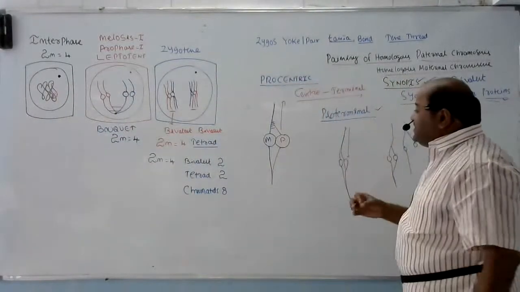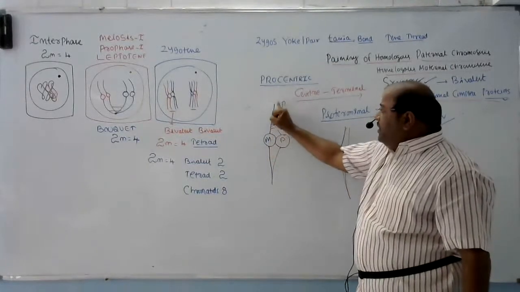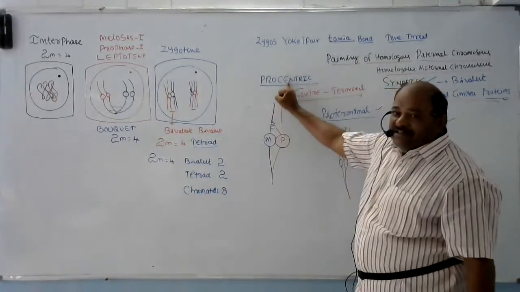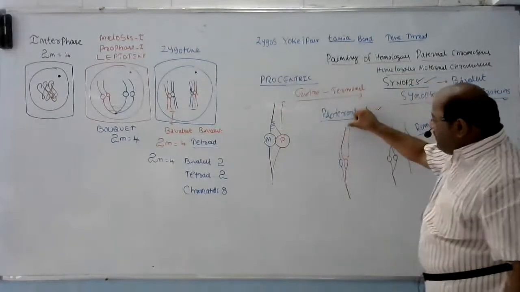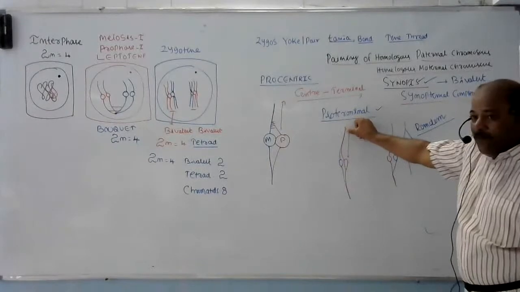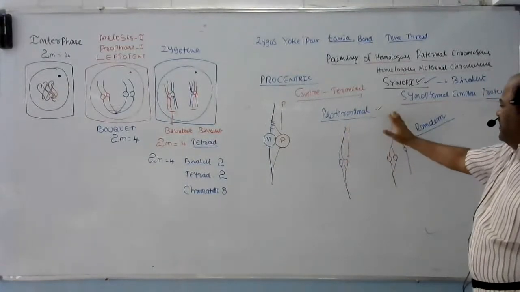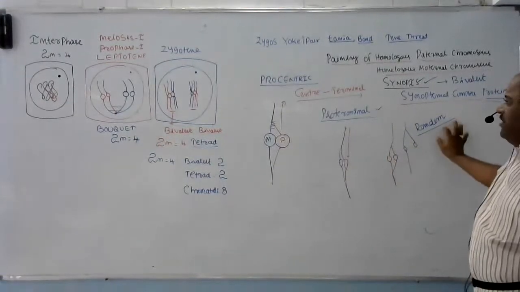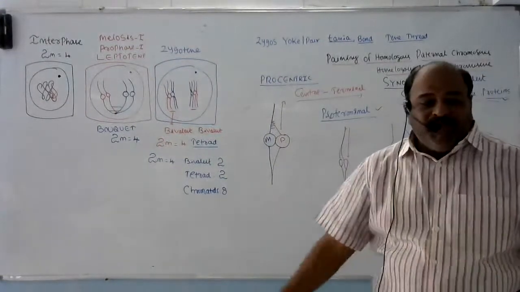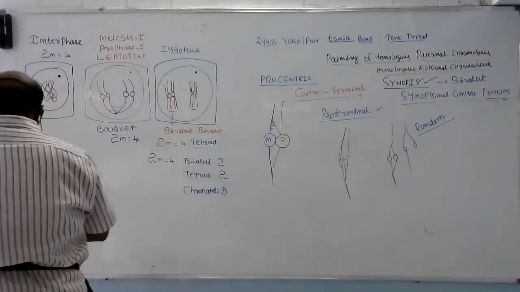This synapsis process initially takes place from the centromere to the terminal region, which is called procentric. If it happens from the terminal region to the center, that is called proterminal. If it takes place at any places in a different way, that is called random.